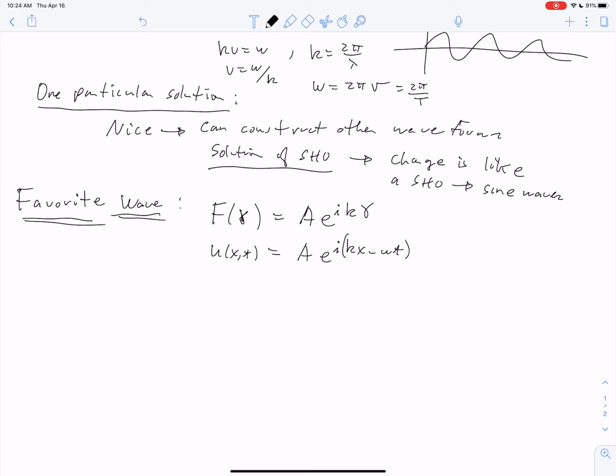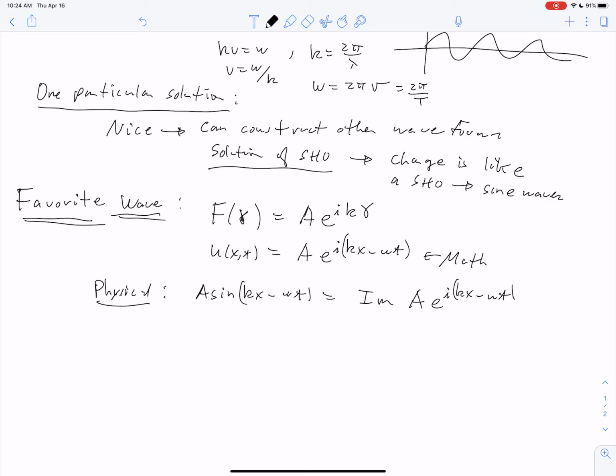We love this one because the math is easy, but physically we have to always remember the sine wave is more physical. So the physical wave, a sine(kx minus omega t), is equal to the imaginary part of this one, a e to the i(kx minus omega t).